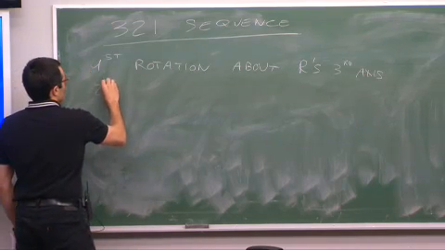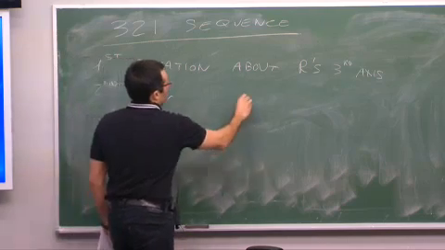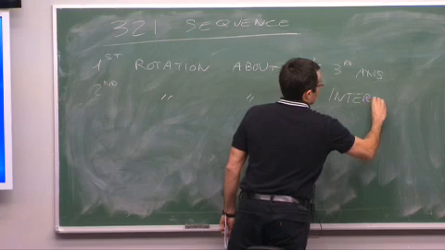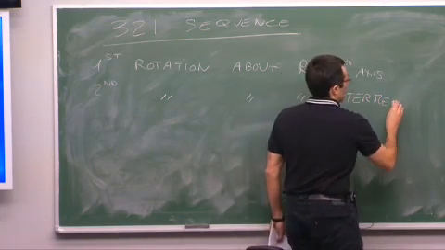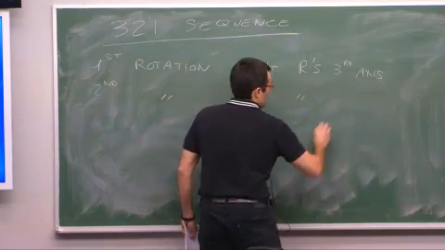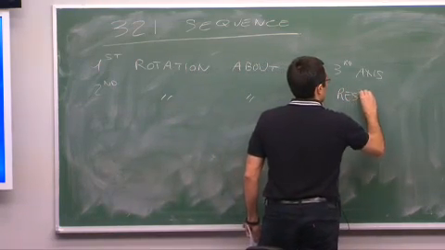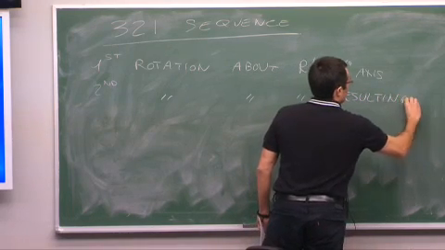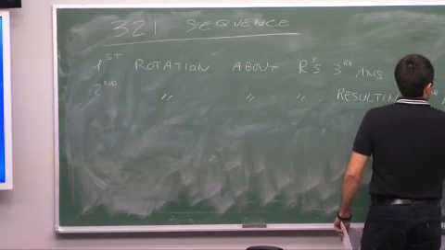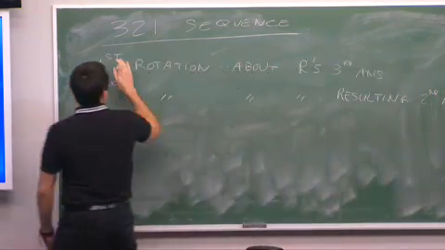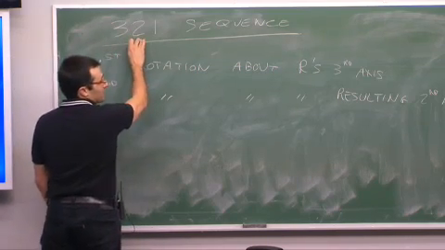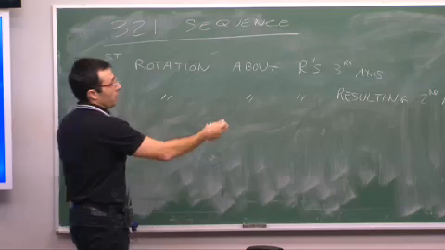Then we do a second rotation about R's intermediate, or a better way to call this, resulting second axis. So this is why it's called 3-2-1. First rotation is on axis 3. Second rotation is about axis 2, which is different from what it was before.